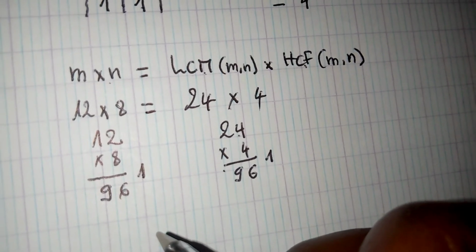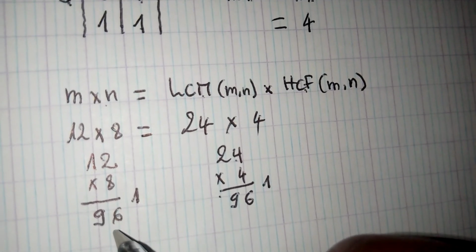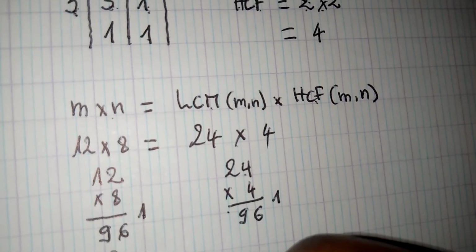What do we find now? We find that the product of M and N, which were given, is 96.